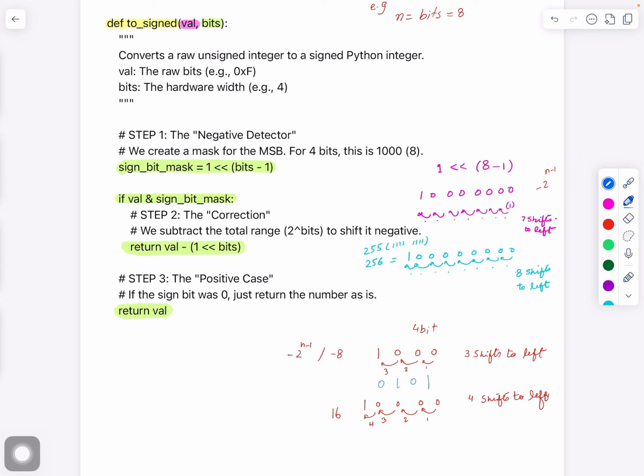It looks at the value, and this value is ANDed with this thing. So this is all 0 because this is 0, and since this is 0, this will make it 0. So your answer will be 0, which means it's not a negative number.